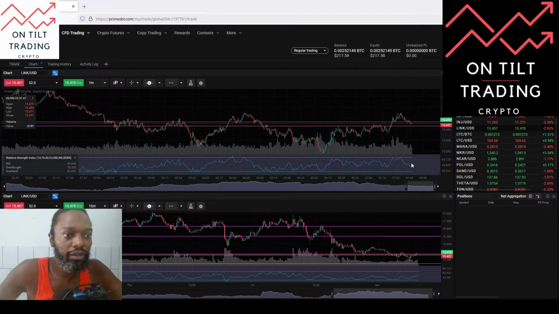We can see here on the 1 minute LINK, the volume profile here is picking up. Let's say this is base volume.